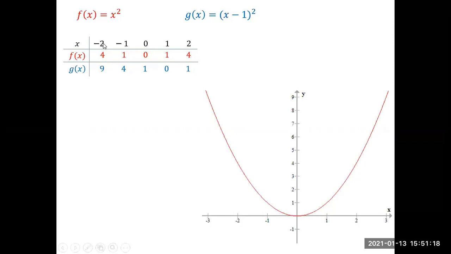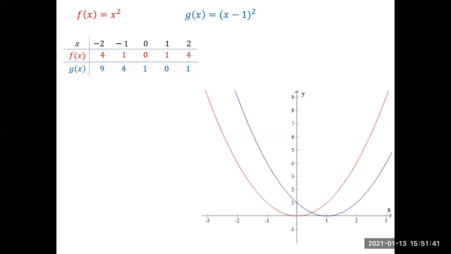Now, if we were to plot these outputs, notice that this would tell me to plot an input of -2 and a corresponding output of 9. This would mean plug in an input of 0 and an output of 1, or an input of 2 and an output of 1. These are all ordered pairs, and if I plot them, notice this is our graph.